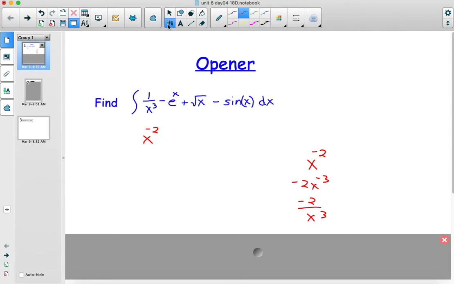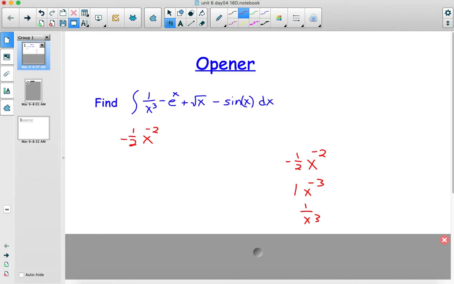So we multiply our answer by negative 1/2. Now when you take the derivative of negative 1/2 x to the negative second, you multiply negative 2 times negative 1/2, which gives you a positive 1, and then x, and we subtract 1 from the exponent, and we get 1 over x cubed.